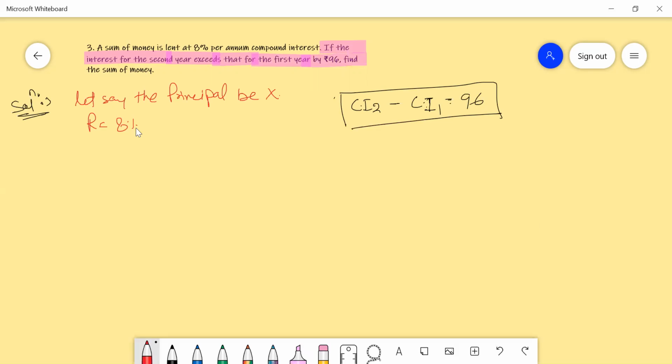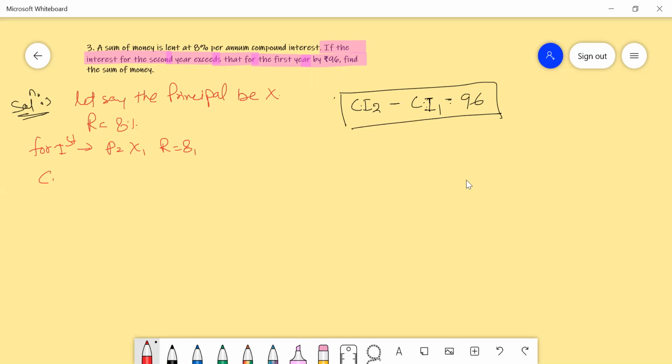We have to calculate compound interest for second year, no? So for first year, P is X, R is 8.